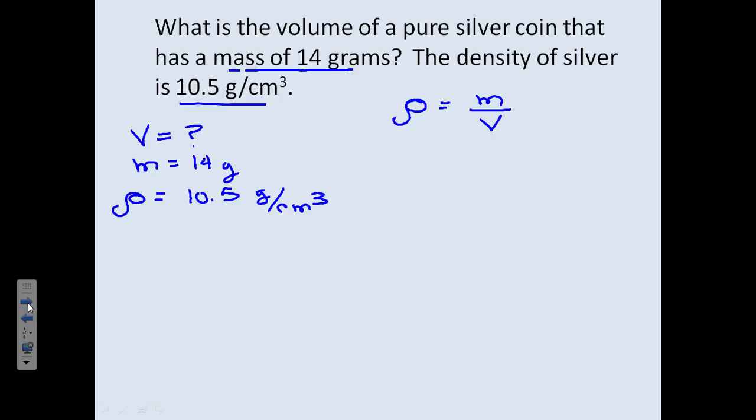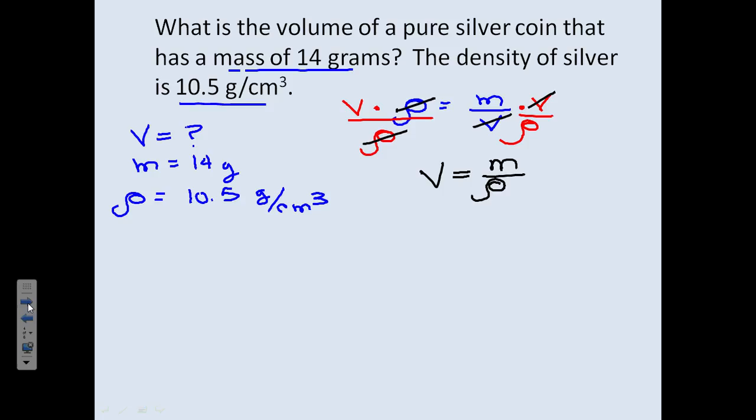I find it most helpful to isolate the variable that I'm solving for. So I want V all by itself. I'm going to multiply both sides by V, and I'm going to divide by density so that my volume is by itself. So density goes away and volume goes away. My working equation is mass divided by density will give you volume.